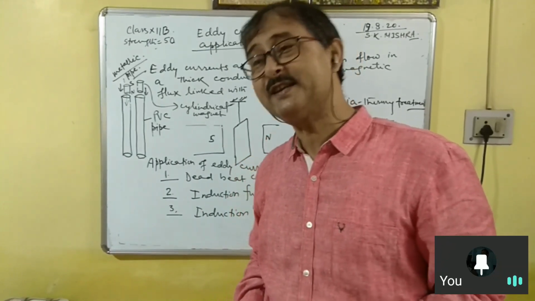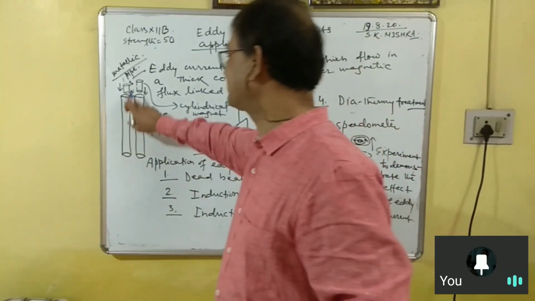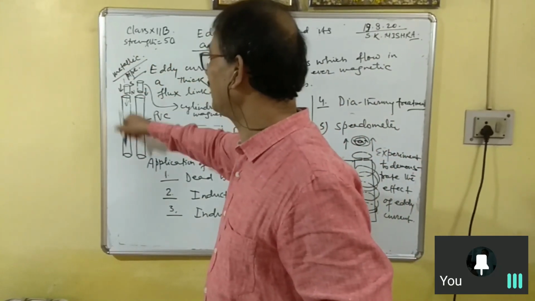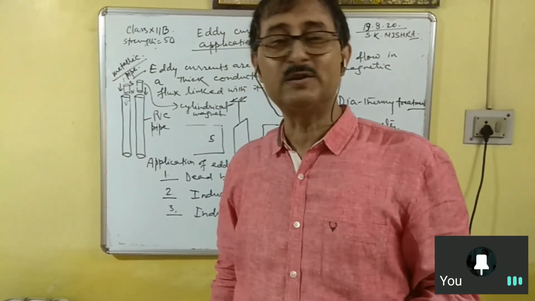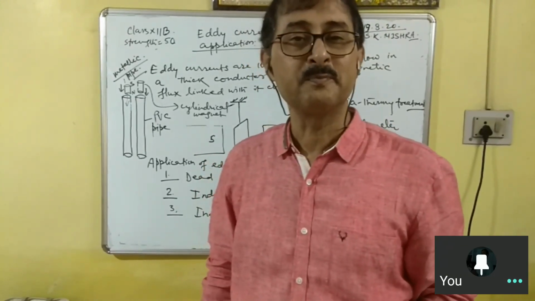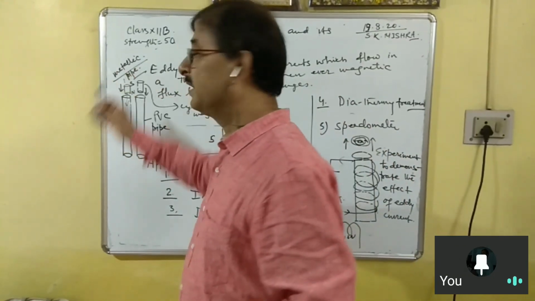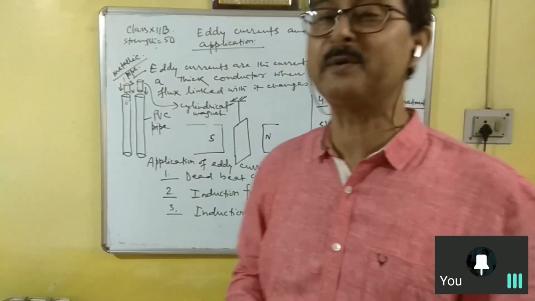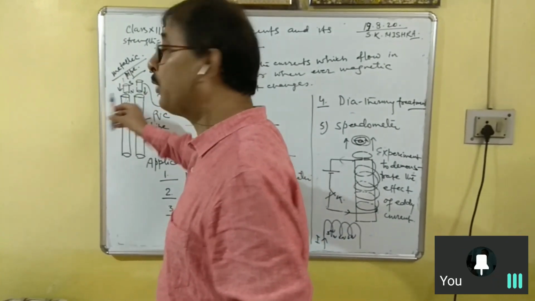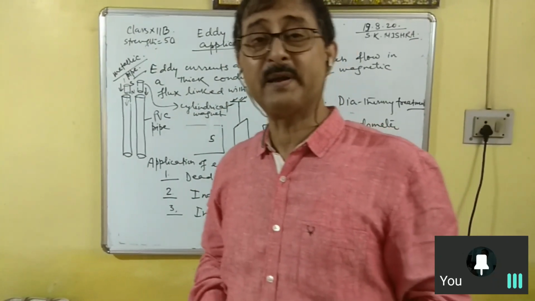Because of the change in flux, eddy current is produced, and that eddy current opposes the motion of the magnet. So now the magnet is not falling like a freely falling body, not with the acceleration due to gravity. Some force acts in the upward direction because of the eddy current.